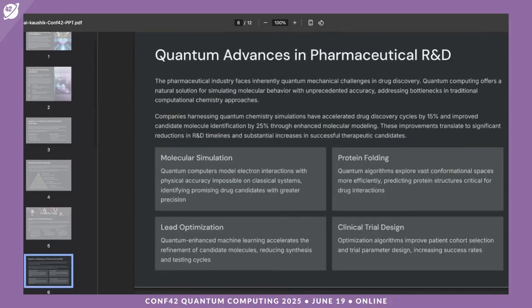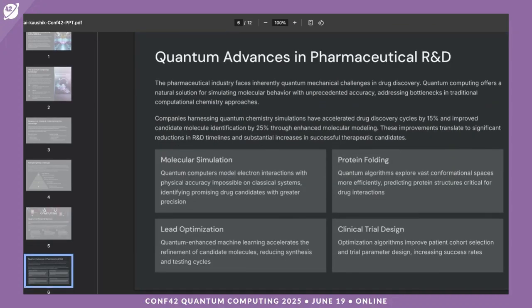Now let's take another example. What do we do in a pharmaceutical R&D case? Drug discovery and molecular simulation naturally align with quantum computing because that's where it's supposed to shine. Frankly speaking, chemistry obeys quantum mechanics and classical approximations struggle with electron interactions in complex molecules. Early experiments on small molecules like hydrogen chains and small organic compounds demonstrate quantum circuits modeling electronic structure more faithfully.